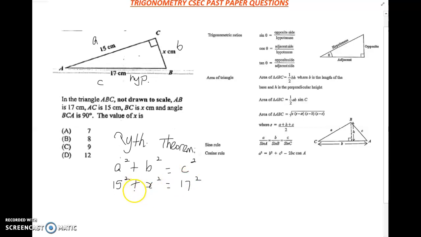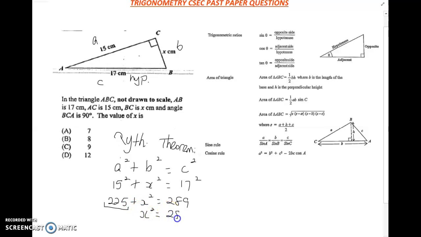Now, just like in regular algebra, we can simplify this first before we move across. 15 squared is 225. If you don't know that off hand, you need to go on the side and multiply 15 by 15, plus x squared. 17 squared is 289. Just like regular algebra, I want to move that number from next to the x squared. I want to have x alone.